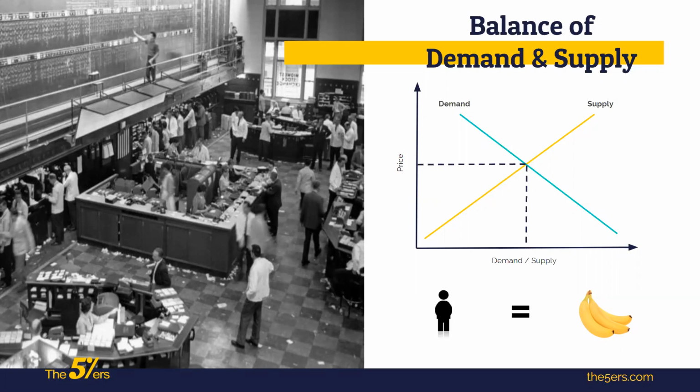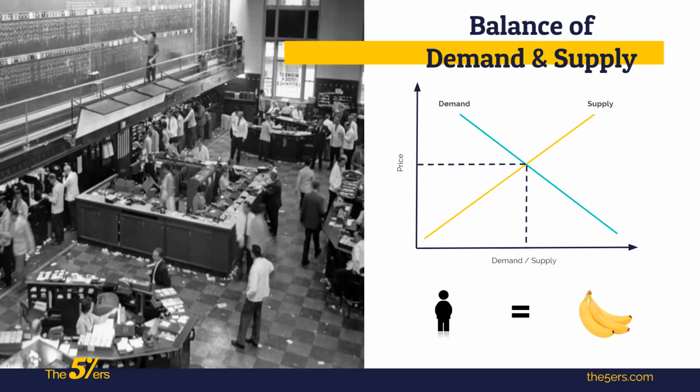When you have enough people buying and enough supply, price will not change. Nobody has any advantage over the other. So price is in balance and remains unchanged.